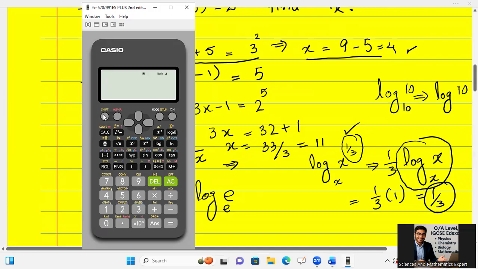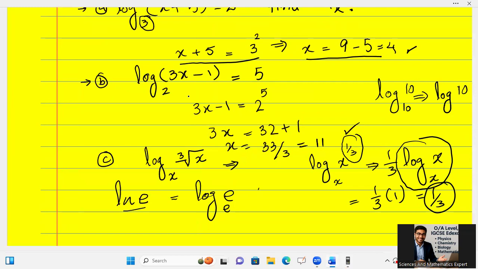As I said, log 5 to the base 5 is equal to 1. In the same way, log x to the base x is equal to 1, and ln e, log e to the base e, will be taken as 1.